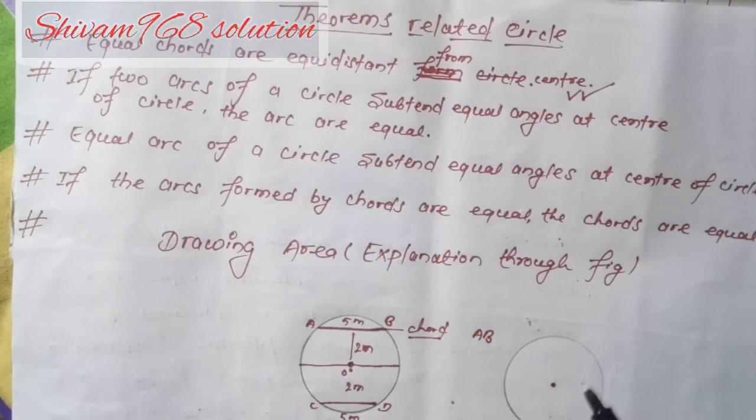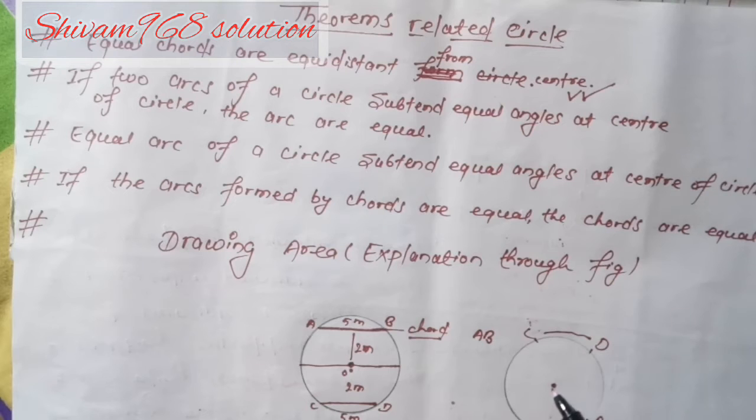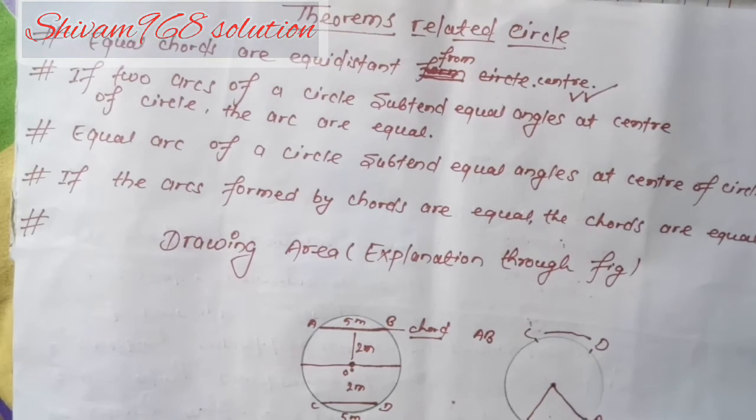AB is an arc and CD is another arc, each touching two points on the circumference. These two arcs subtend equal angles at the center.